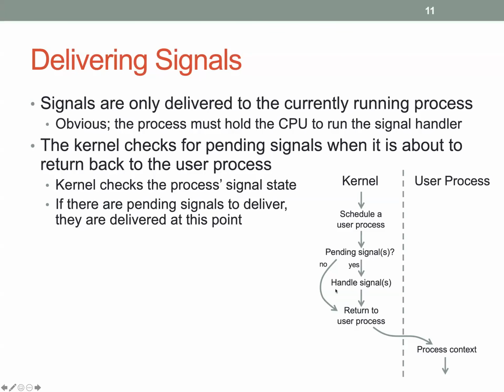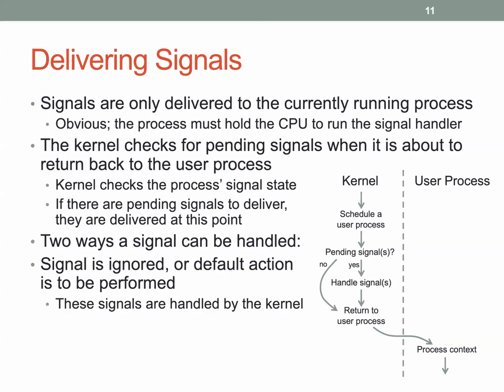And if there are, then we do something. This is magic still. So we handle the signals somehow. And then once we're done, we go into the user process. We switch to the page table for the process so that virtual memory looks like what the process expects it should look like. And we restore the registers, we IRET, and go back to the process so that it can resume running.